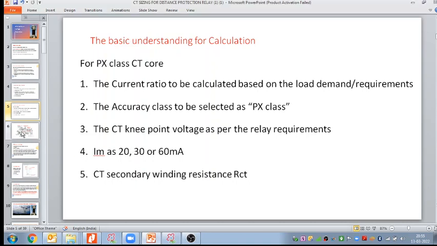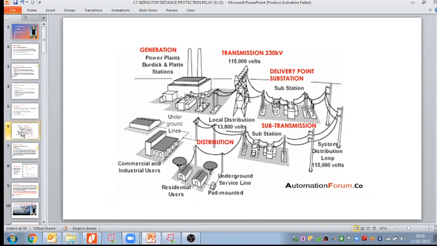Let us again take the overall grid, and based on the overall grid, let us understand the CT core selection.